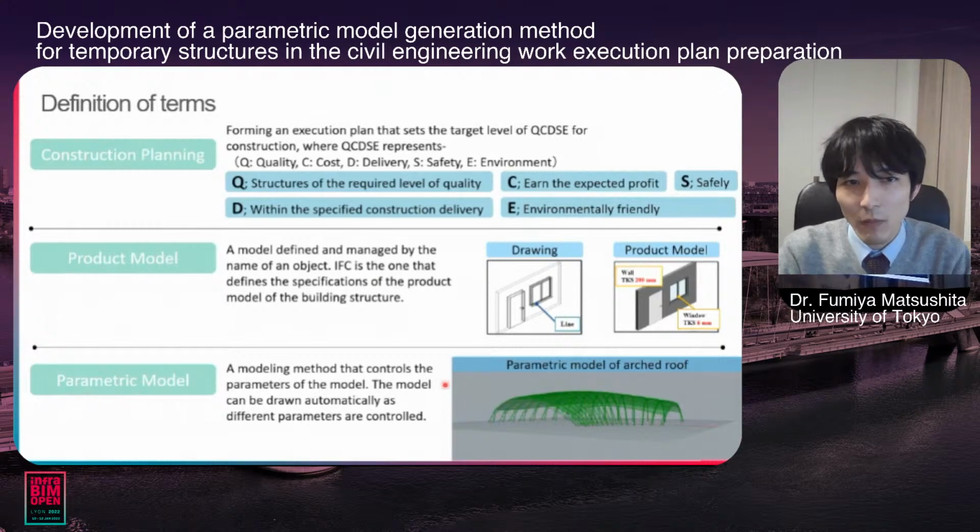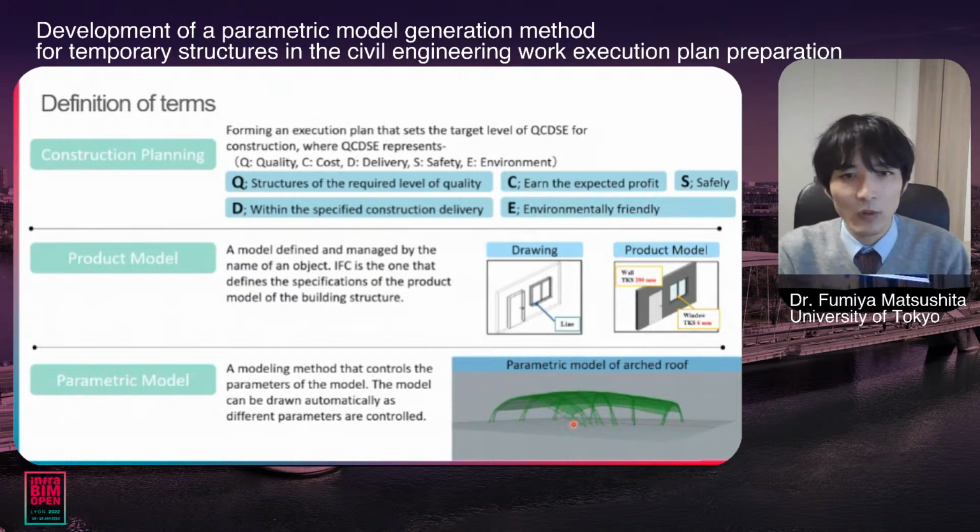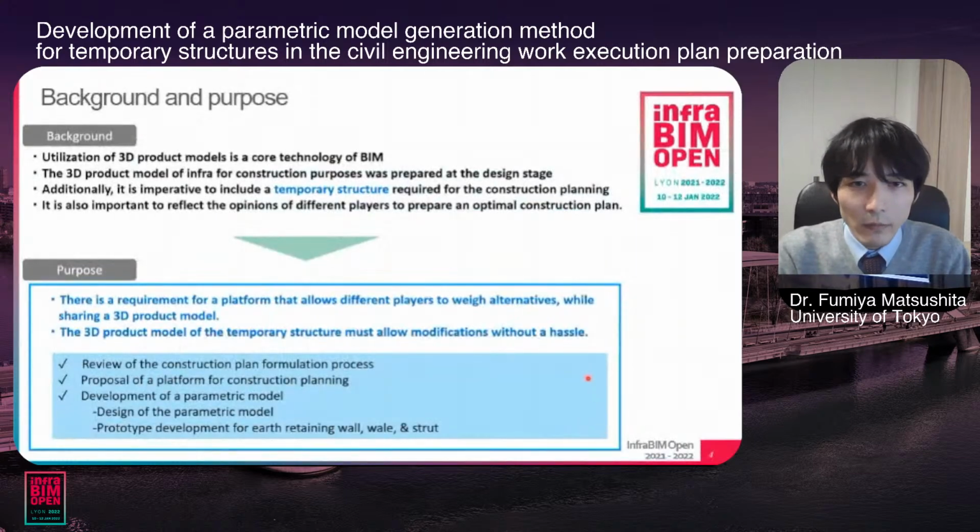I show you one parametric video, which shows a parametric model of an array. The number of main beams is controlled by parameter. So you can see by controlling the parameter, the number of beams is like this. Okay, so let's go to the next slide.